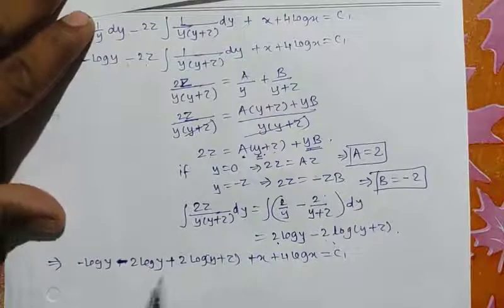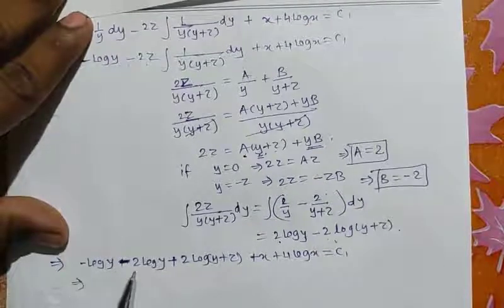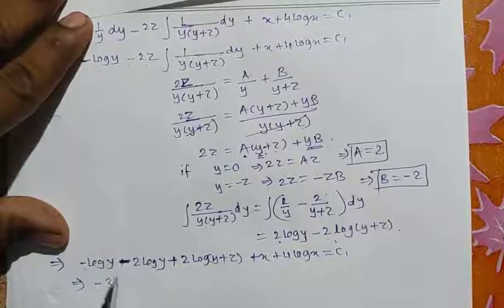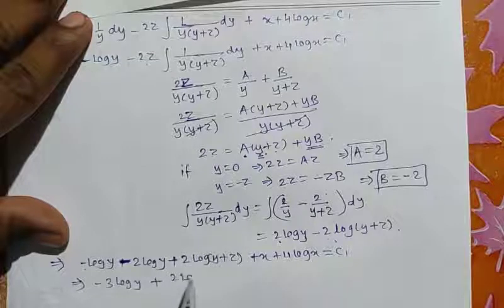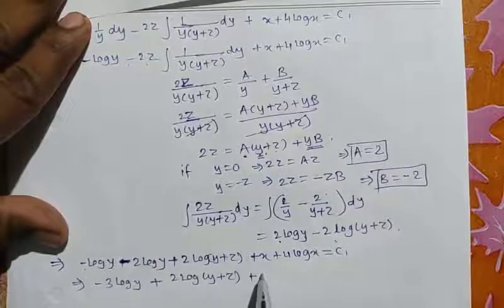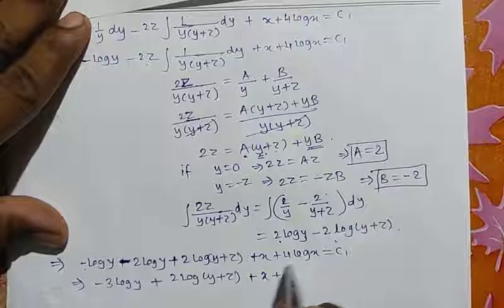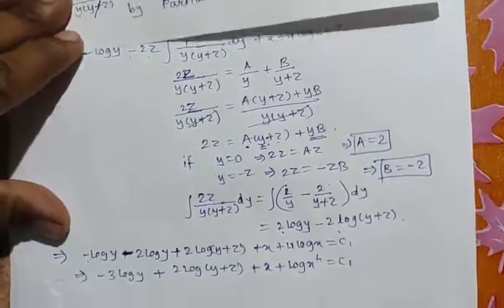Okay, so this implies that minus log y plus 2 log y, which is minus 3 log y, plus 2 log of y plus z, plus x plus, here I can write log x raised to 4, is equal to the constant of integration c1.